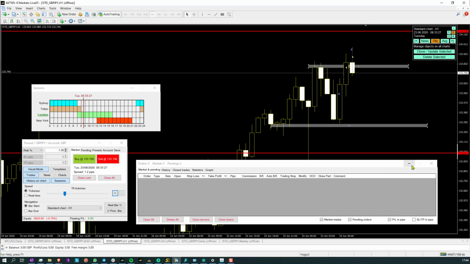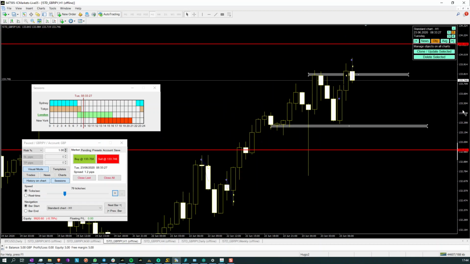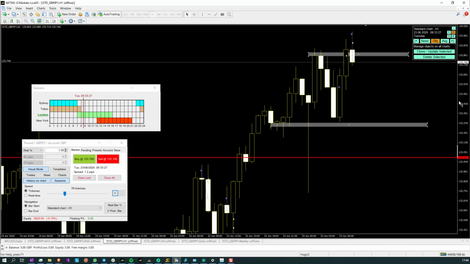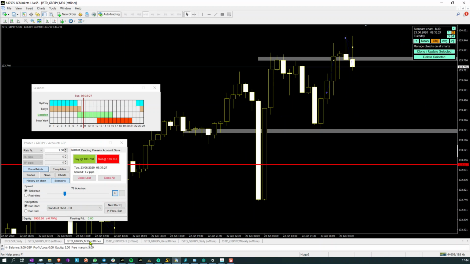But the problem is this is a very, very bullish structure. Let's see how this M30 closes. This was like in 3 minutes.